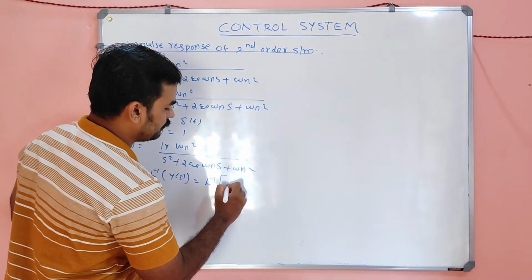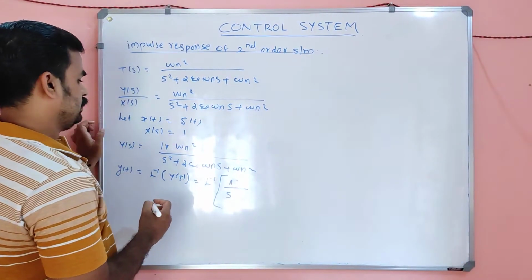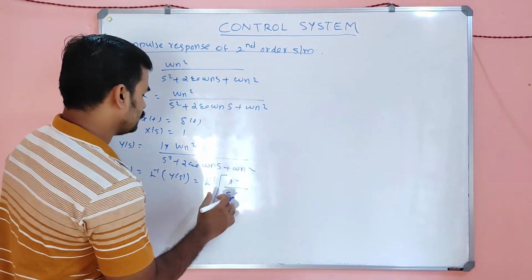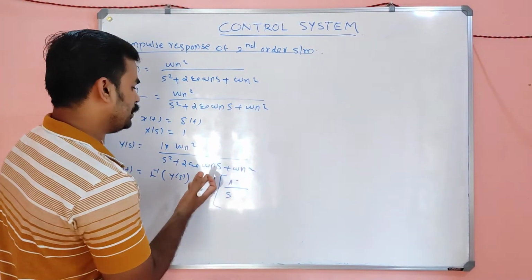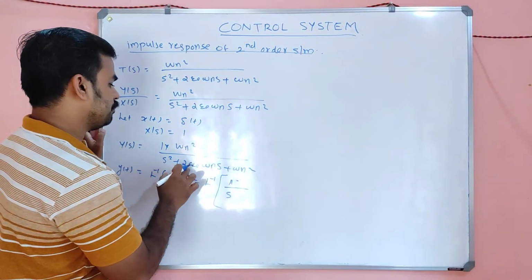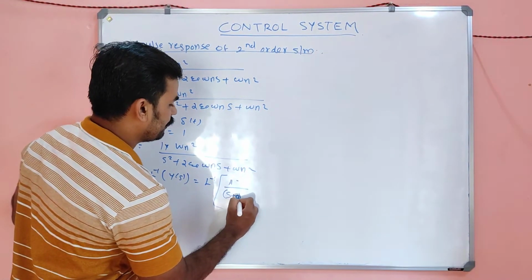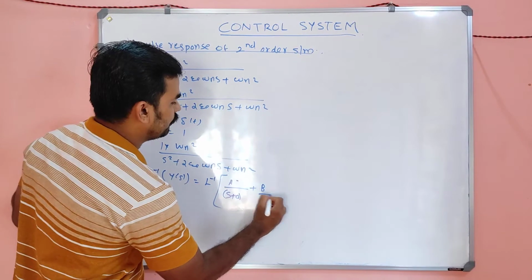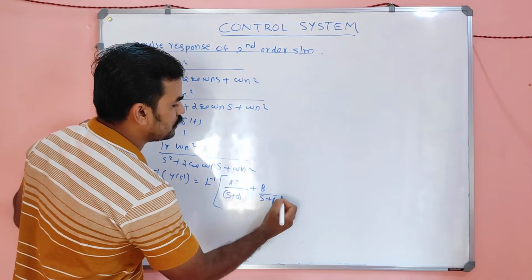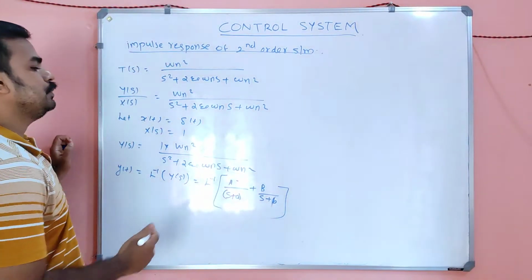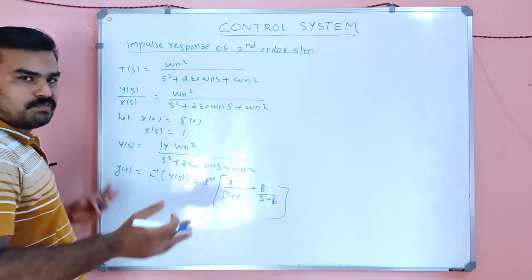You write this in the form of s plus a and s plus b, and you find the values of a and b, and later we take the inverse Laplace transform.